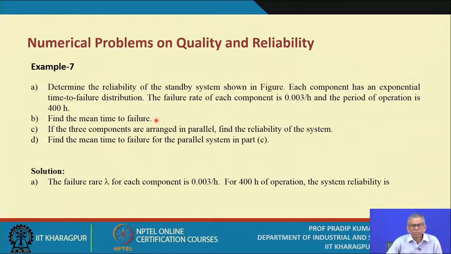What are the additional data you must call for so that the MTBF you can calculate? Is it okay? So I think my question is clear. That means you need to collect some additional data, so that you are in a position to calculate the mean time between failures.